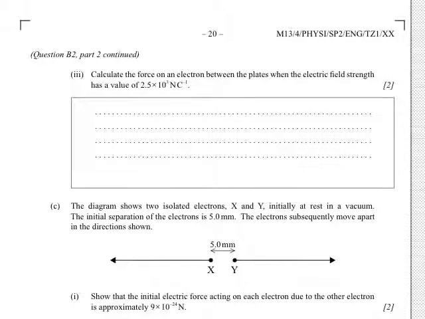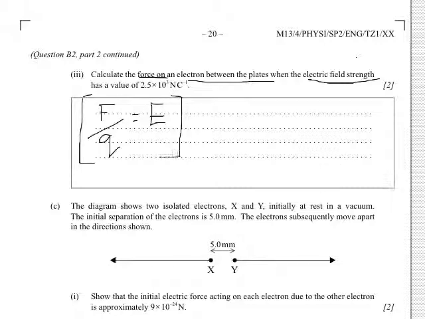Okay, so here we have calculate force on an electron between the plates, and if we think force per unit charge is the electric field strength. So remember, by definition, electric field strength is force per unit charge, so we can translate this to a relationship, okay?